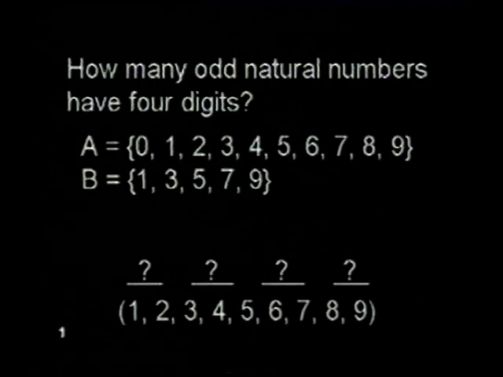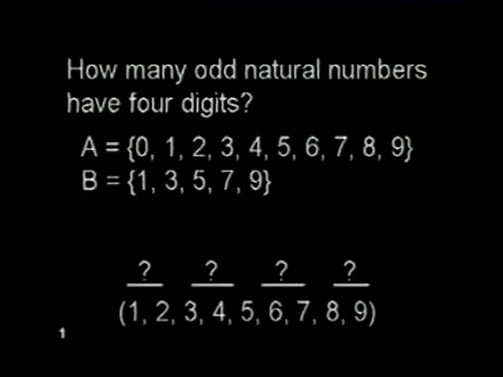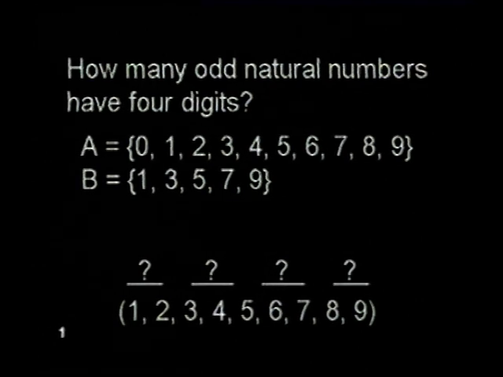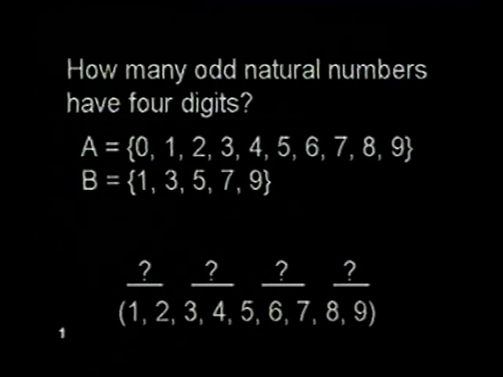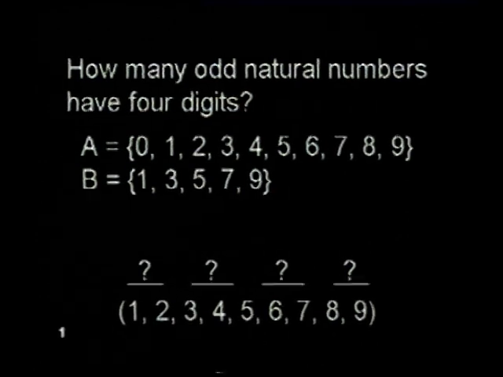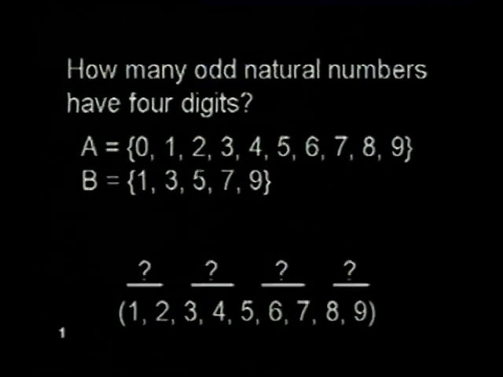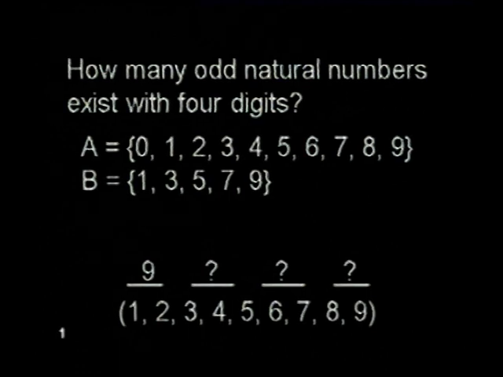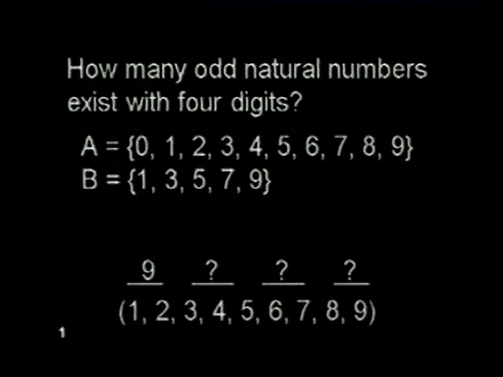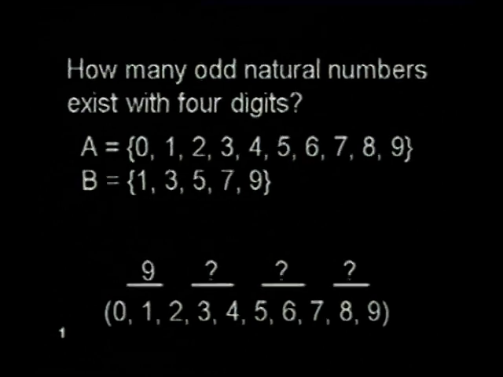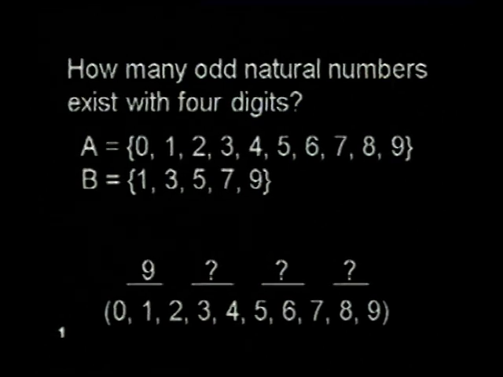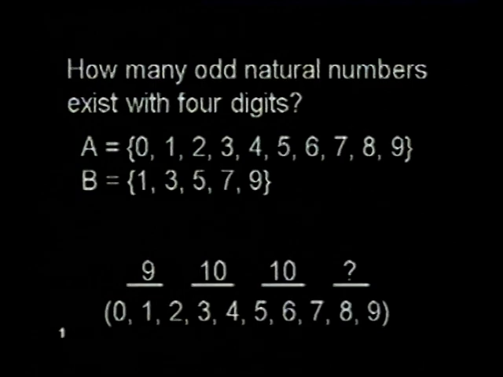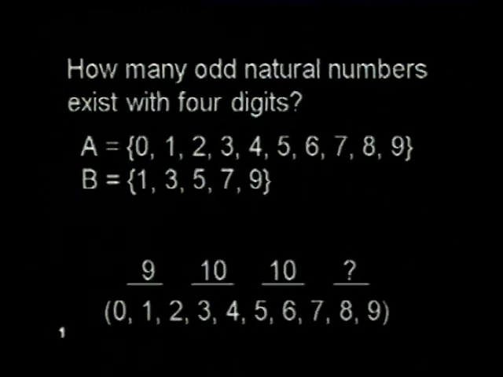The elements 1, 2, 3, 4, 5, 6, 7, 8, and 9 are the only values we can use in the first blank of the four-digit number. Therefore, there are 9 possible choices for the first blank. In the second and third blanks, all of the elements of set A can be used. Therefore, there are 10 choices for each of these blanks.